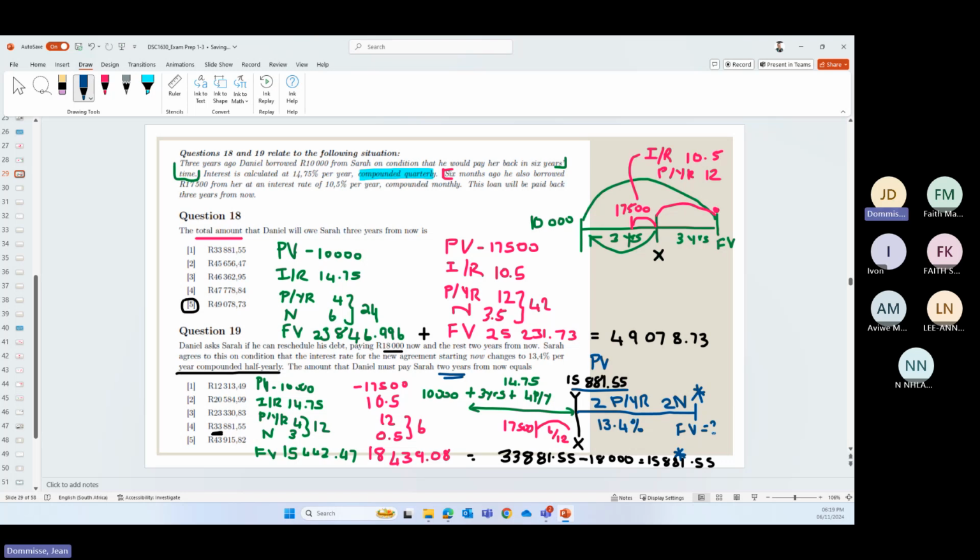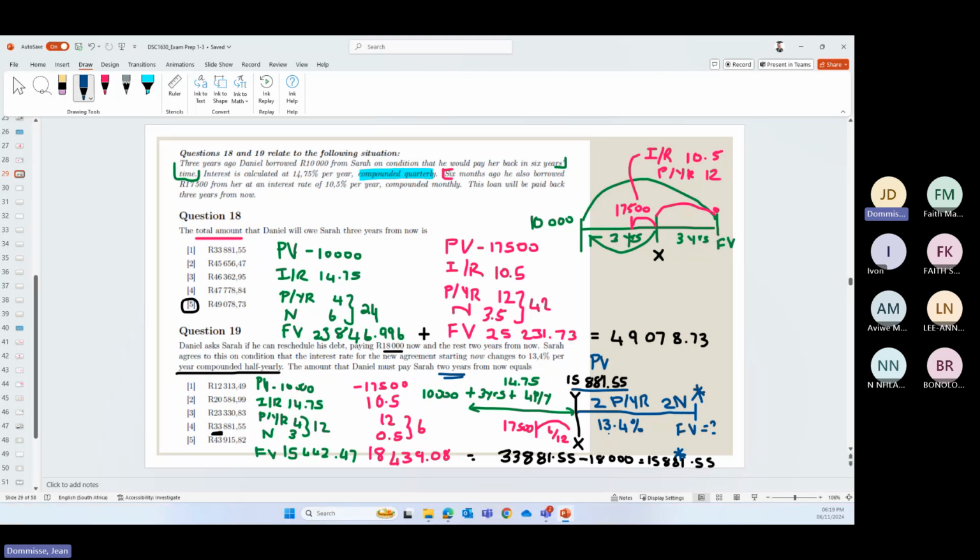Then they say to us it's for 2 years, so we know that 2 years, 2 times a year, gives us 4 periods. Interest rate 13.4, so the interest rate has also now changed 3 times.